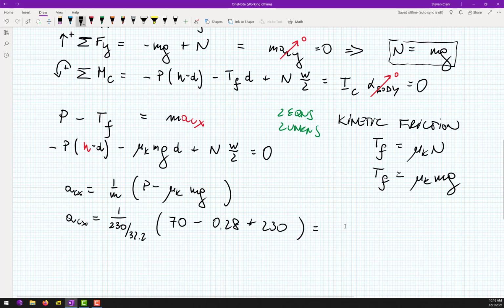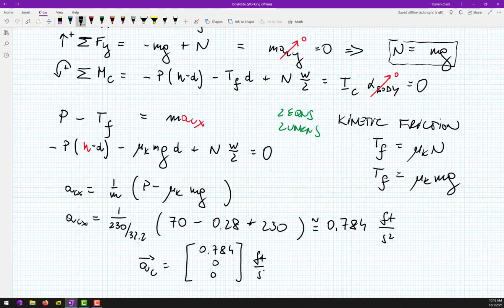Okay, grab your calculators and obtain that this is approximately 0.784 feet per second squared. Okay, and this is positive value, so our AC will have this direction, 0.784 feet per second squared.